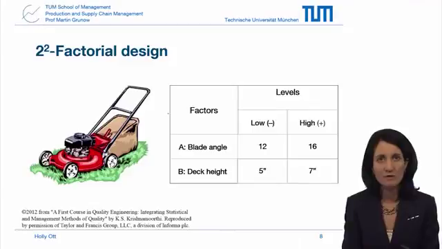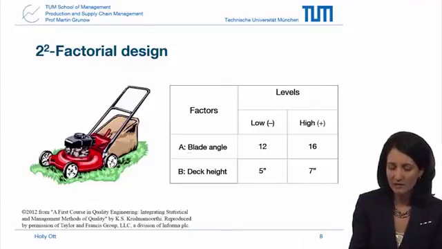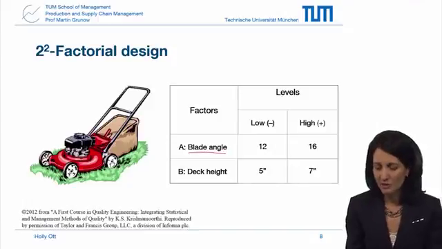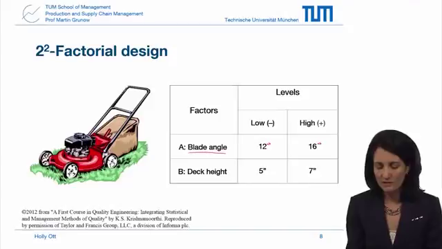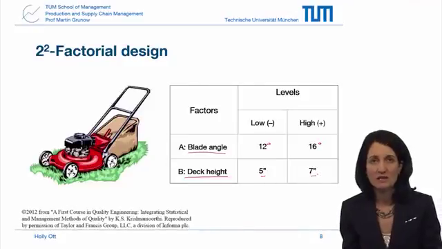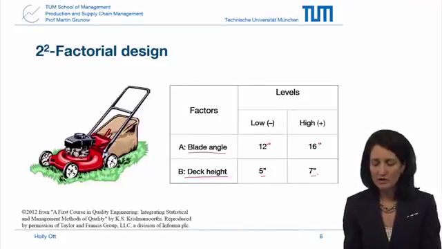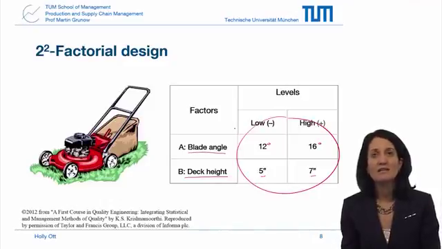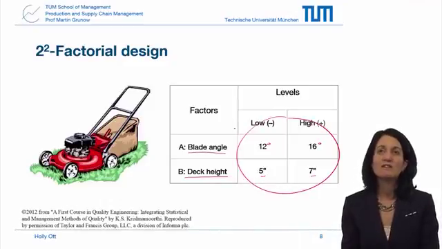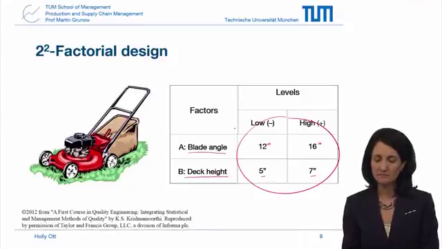So for this example, the two levels for the factor A, blade angle, will be 12 degrees and 16 degrees. And the two levels for the factor B, deck height, will be 5 inches and 7 inches. And what we want to do now is to find the best combination of blade angle and deck height for achieving the desired performance.